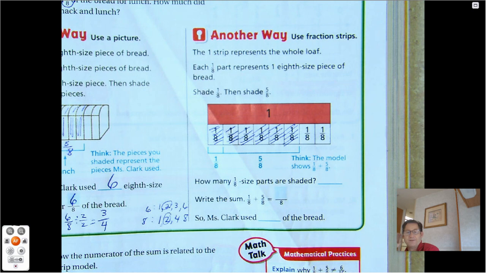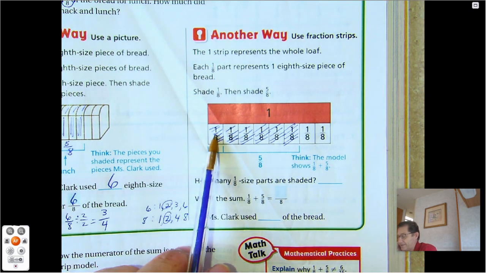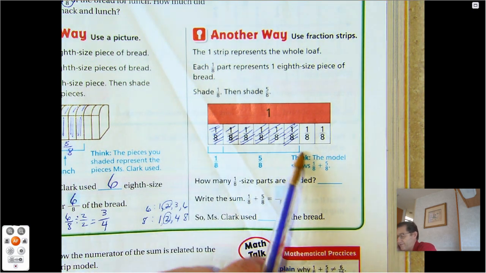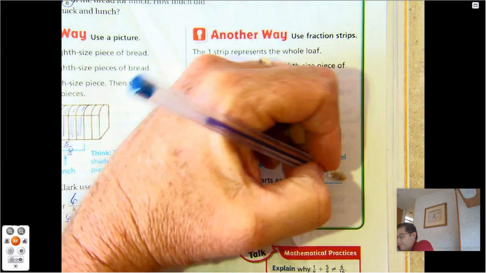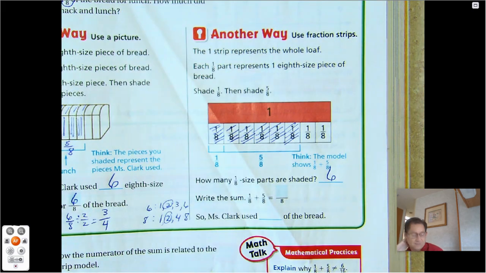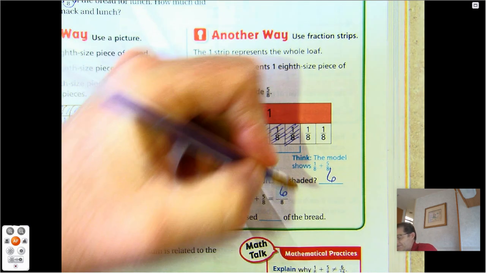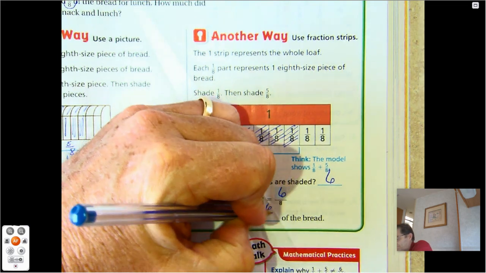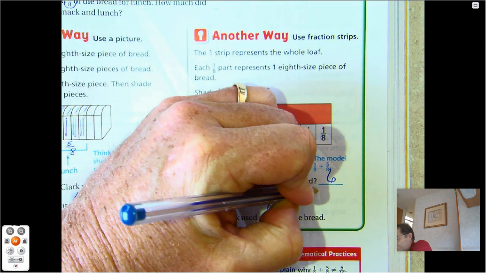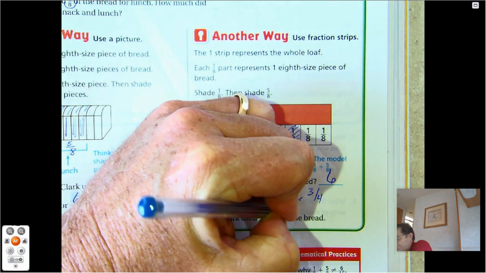Okay, and then we would have 1/8 here plus the 5/8, and that would give us a total of 6 pieces shaded, which again would be 6/8 or 3/4 of the bread.